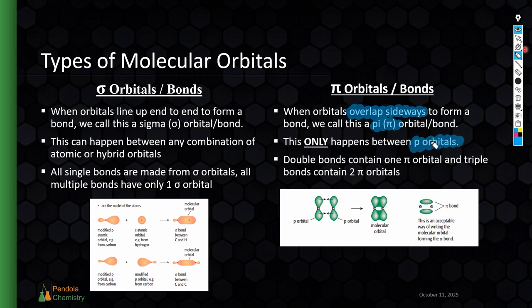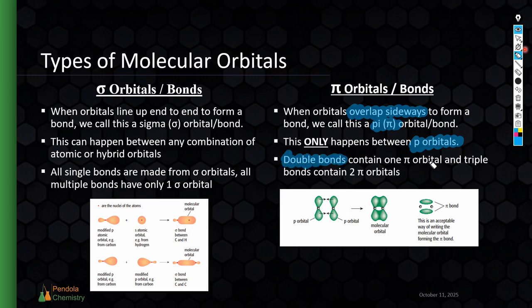Not sp, not sp2, not sp3, not hybrid orbitals, just regular p orbitals, p atomic orbitals. When are these p atomic orbitals going to do this? They're going to do it every time we have either a double or a triple bond.